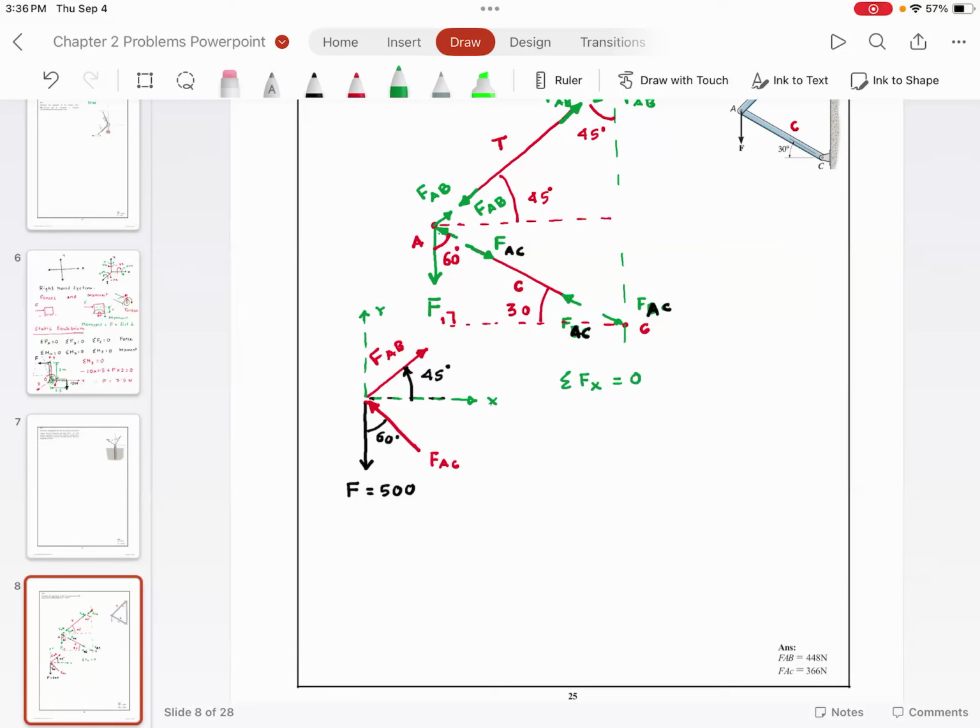So I want to find the component of FAB in the x direction, and the component of FAC in the x direction. Are there any other forces in the x direction?